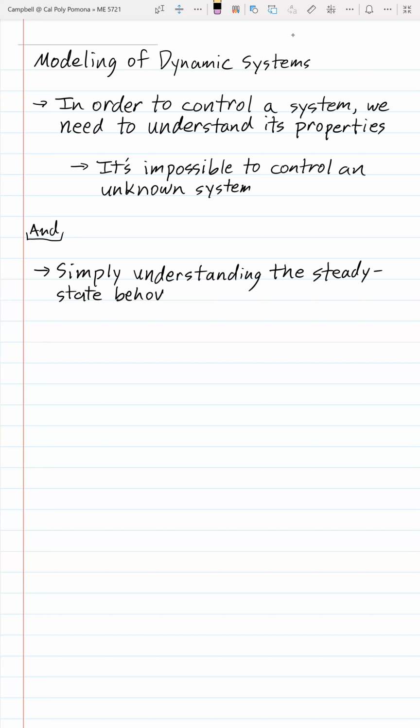But let me turn that O into an A. I don't know how it became an O to begin with. So understanding the steady state behavior of a system, unlike, again, 100 years ago, is just no longer adequate. So it isn't typically sufficient.